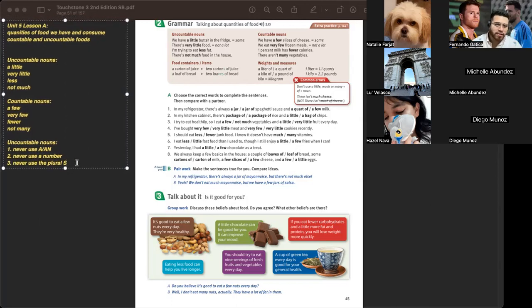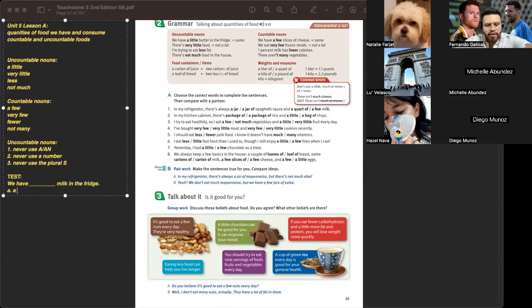And remember, some words can be countable and uncountable. It depends on the context. But I will not test you on those words because that's more advanced. For this lesson, you will have questions like this. We have la milk in the fridge.